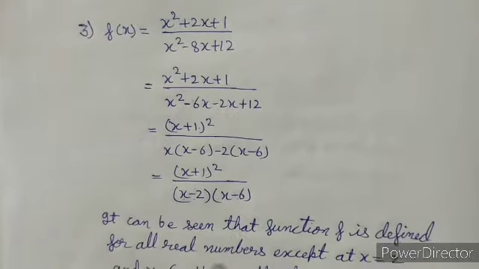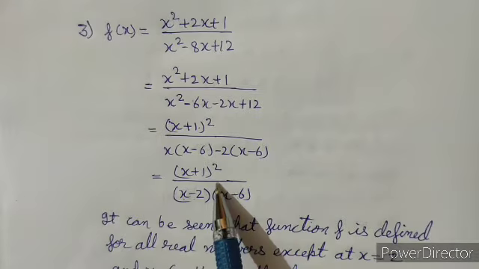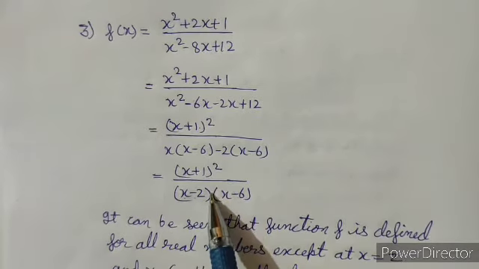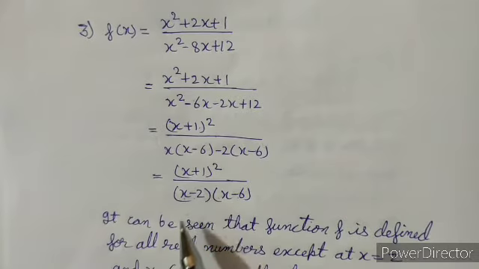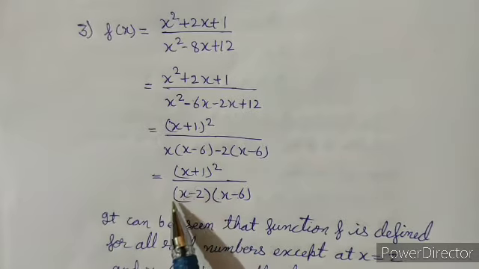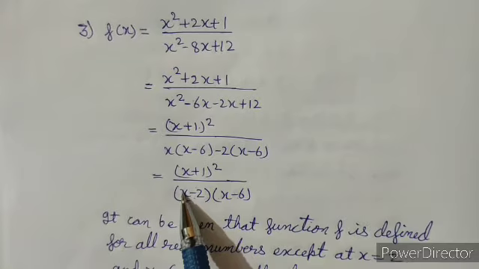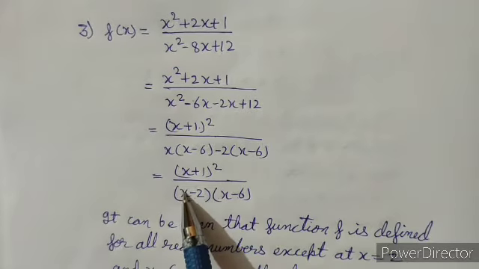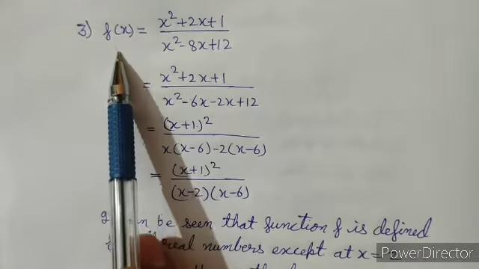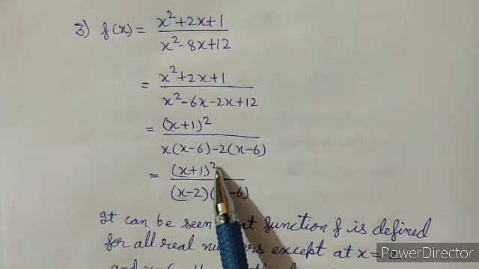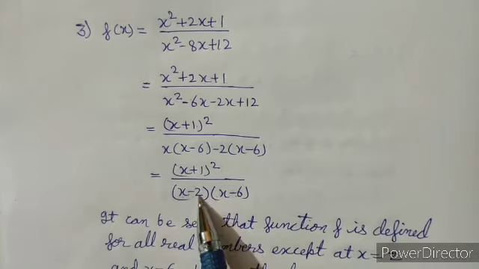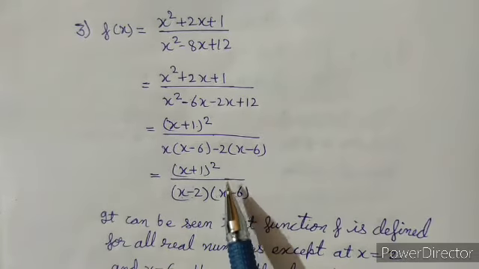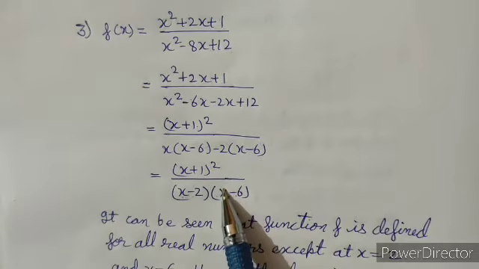Now, it can be seen from the function that function f is defined for all real numbers except x equal to 2 and x equal to 6, as x equal to 2 will give us the denominator of the function as 0, and anything upon 0 is not defined.